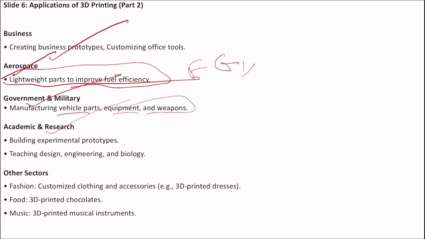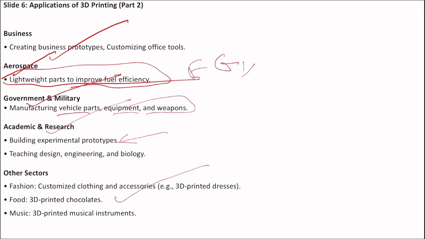Even in academics, you can build prototypes and explain to students, and our education is being improved in a very fast manner. We can use these products there, and we can actually bring the real world into our classrooms with these products. And then fashion, I'll tell you something.